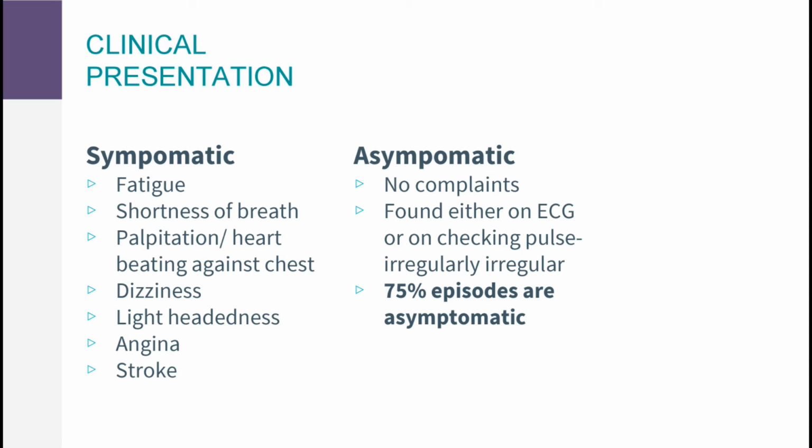It is to be noted that even in patients with known atrial fibrillation, up to 75% of the episodes are asymptomatic. Comparing the two groups, asymptomatic patients have a higher rate of CVA as compared to symptomatic group, as the latter is likely to seek help. They are also reported to have a lower incidence of CAD as opposed to symptomatic group.